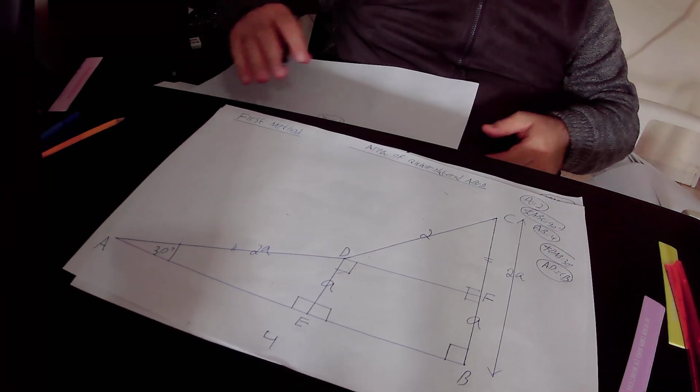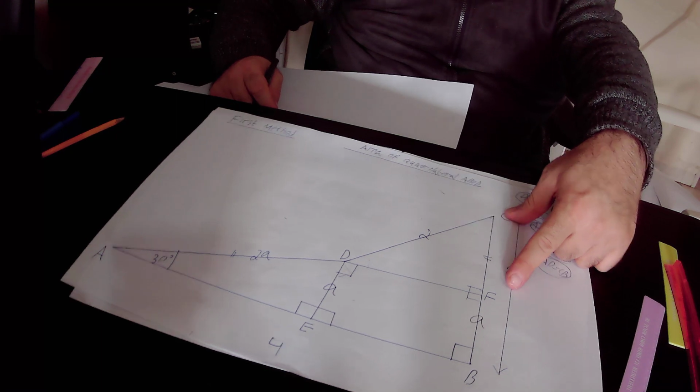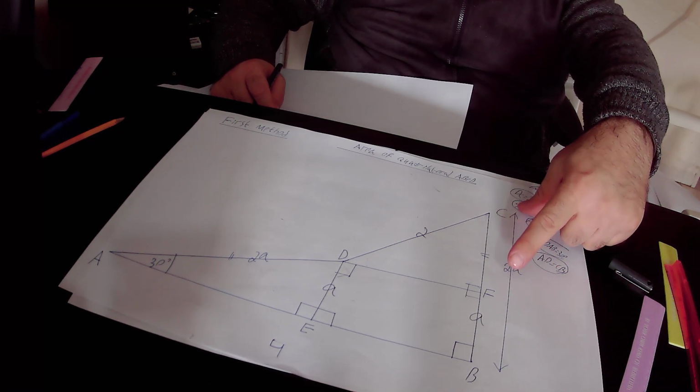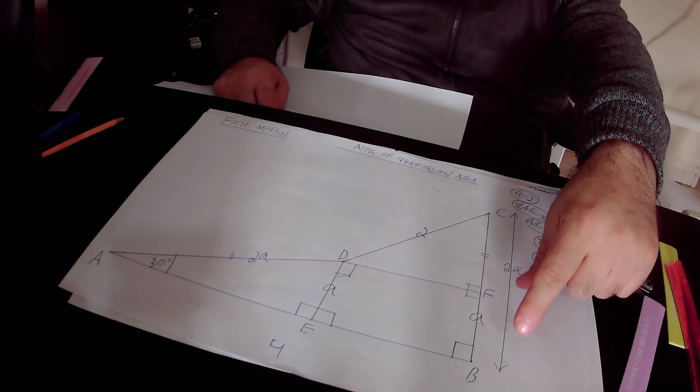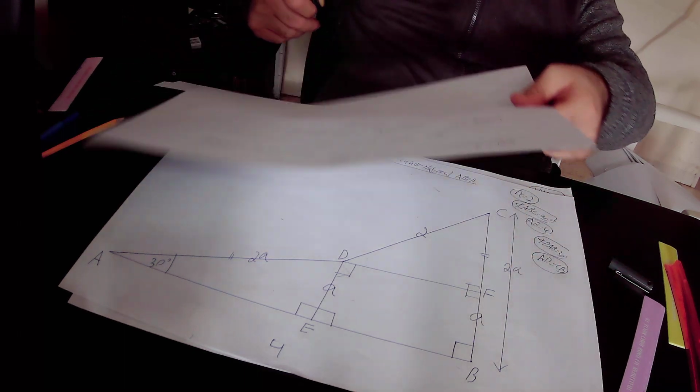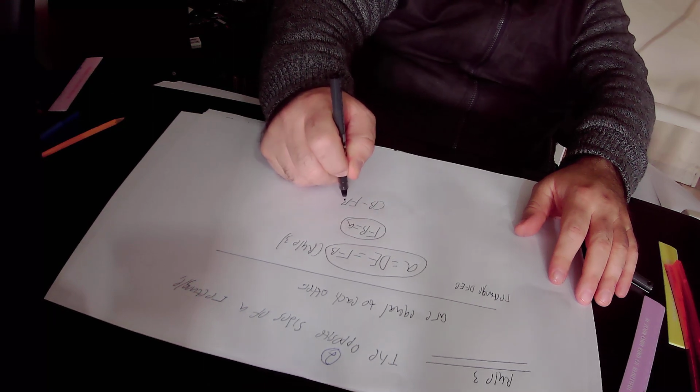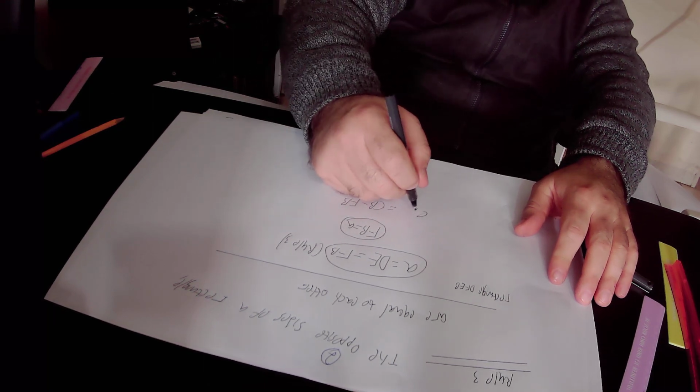And what is the value of CF from the drawing? It is very easy to see that CF equals CB minus FB. CB minus FB equals CF.